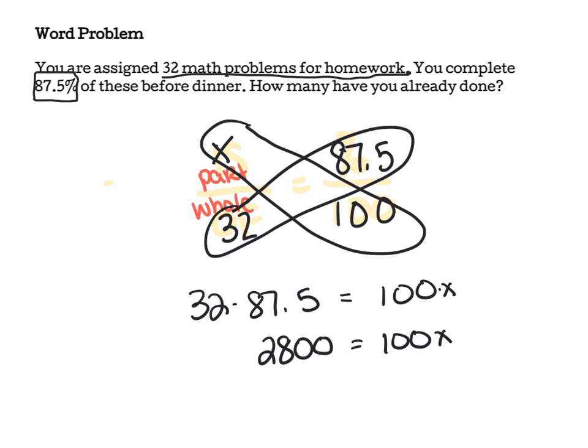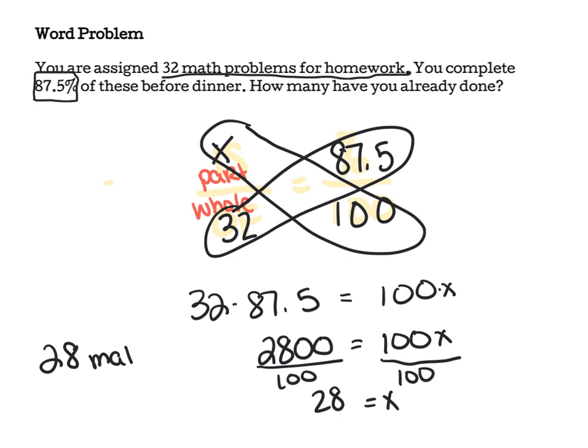I need to get x by itself, so I'm going to divide by 100. And 2,800 divided by 100 is 28. So x equals 28. Well, I need to put a label at the end of this because it is a word problem. So I did 28 math problems.